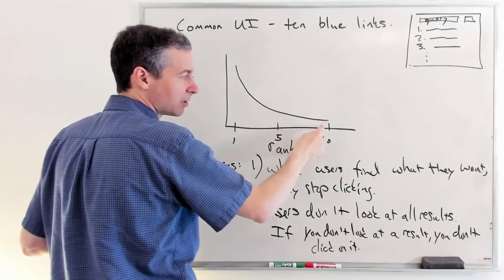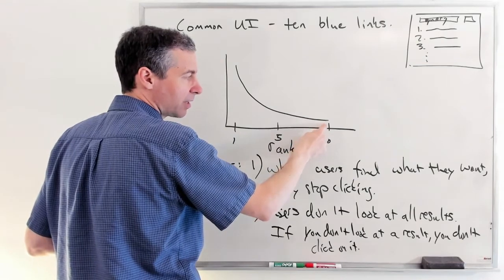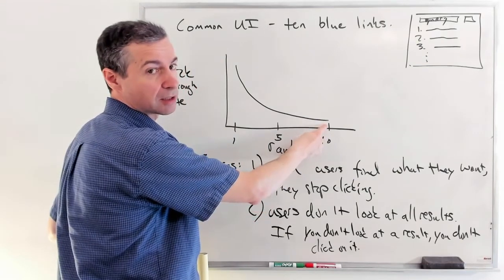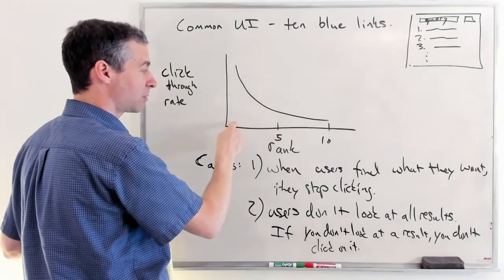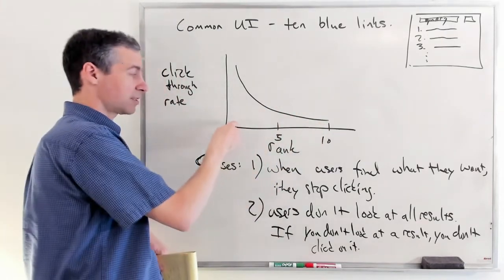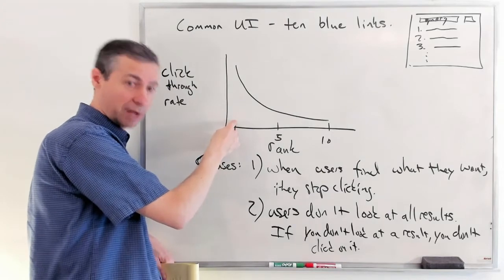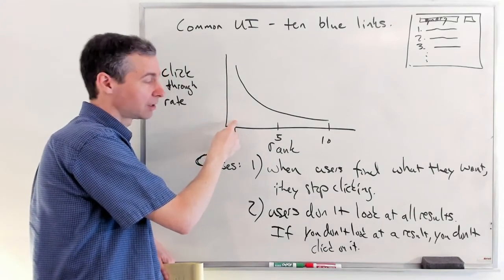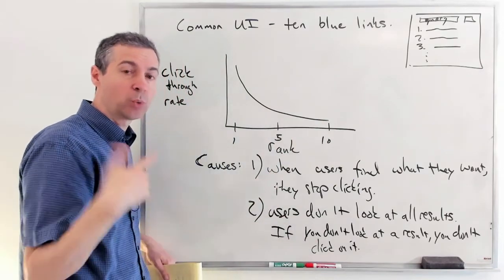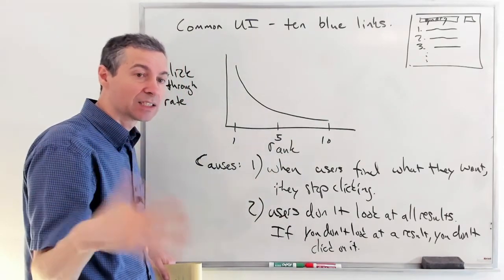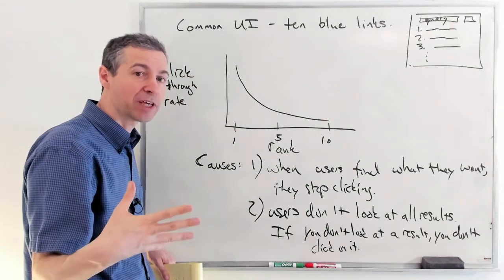Putting a document down here at rank 10 is a lot less valuable to a lot of users than putting it at rank 1. They're going to see it at rank 1, and if it's the right document, it's going to get clicked on. If you put it at rank 10, there's a good fraction of people who won't even ever see it. So it has no value to them at all.